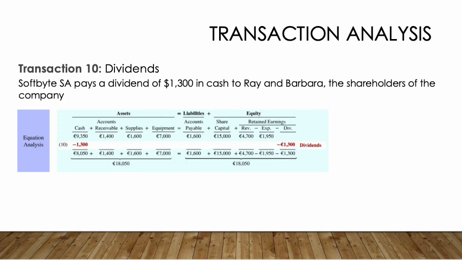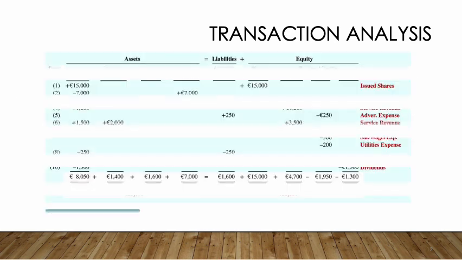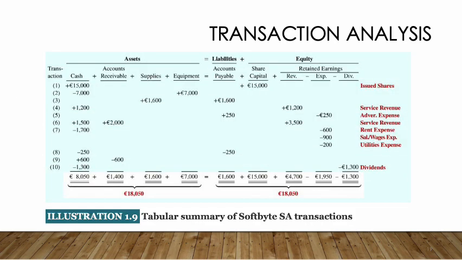So we can see our cash balance has gone down, and our dividend account also has gone down as well. And so we can analyze that transaction. The accounting equation still balances, and therefore our entry is valid. So this following here is just a really quick summary of all of the transactions that we looked at here.